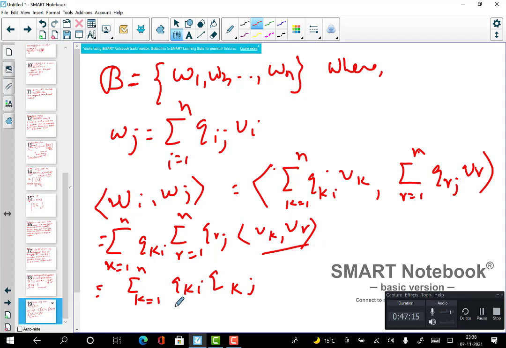That means you can write down the transpose of that, right? So you can write down q transpose ik q kj, k equal to 1 to n, and this is the ith row and jth column of this matrix, right?